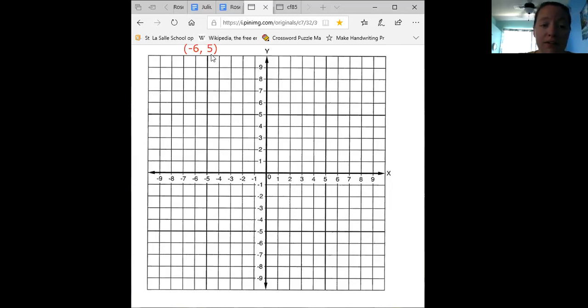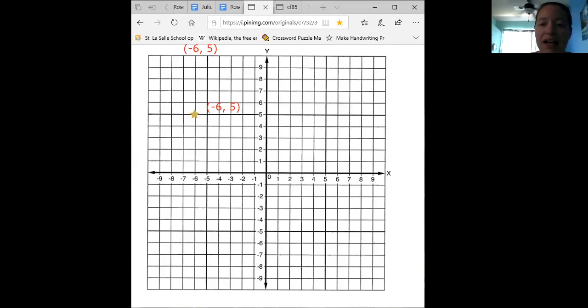Second number is a positive 5. See, positive 5. Second number is always a y. So there's my 5. I figure out where the two of them meet. Negative 6 runs into 5 right here. And so that is my point, negative 6, 5. Okay?